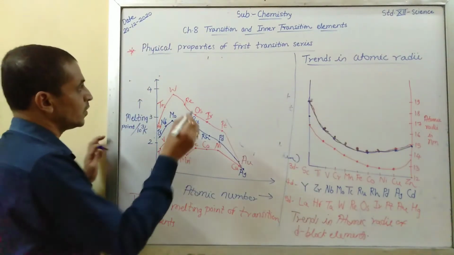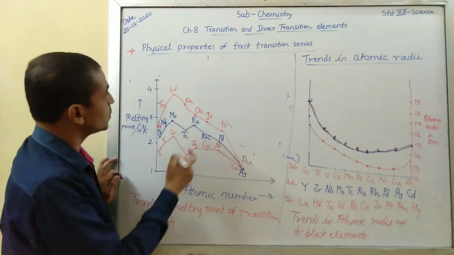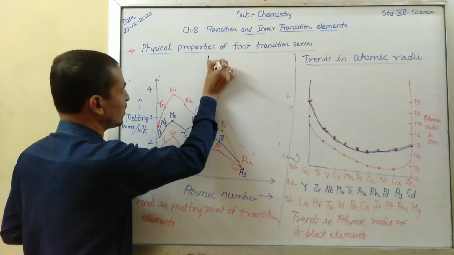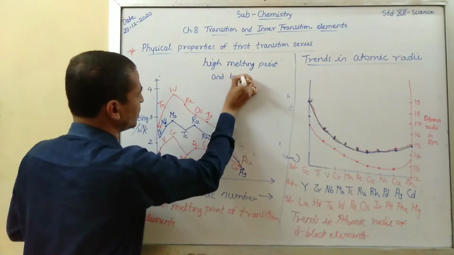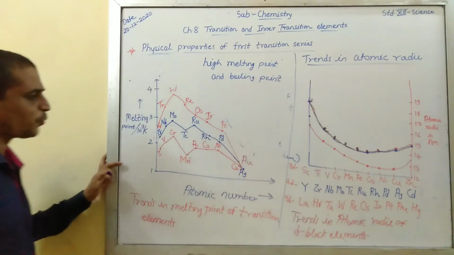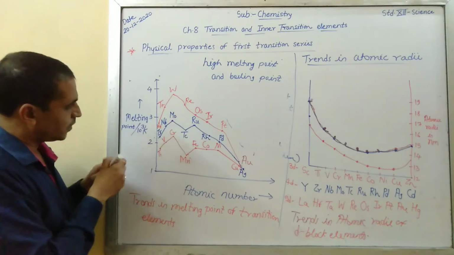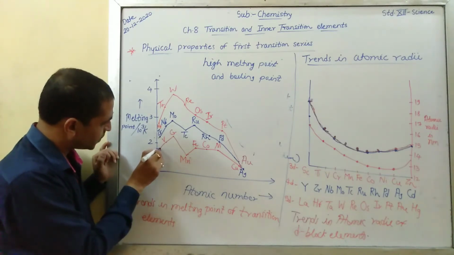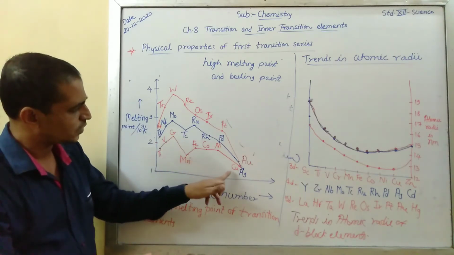All the elements belonging to the transition series show high melting point and boiling point. Now come to this graph. See titanium, vanadium, chromium, manganese, Fe, cobalt, nickel, copper.